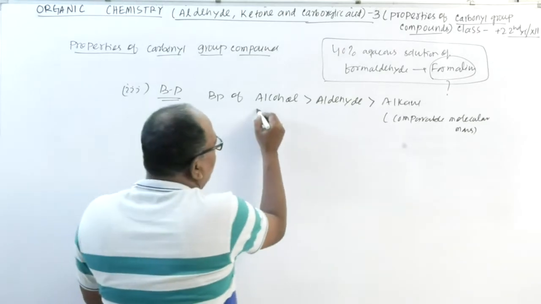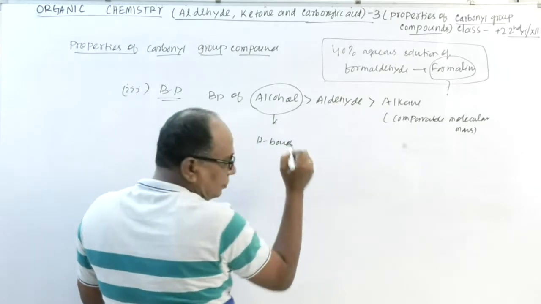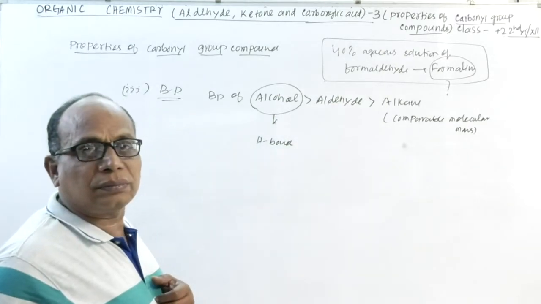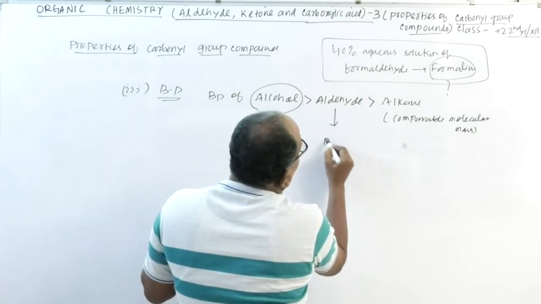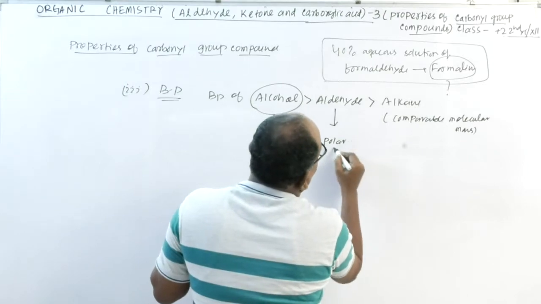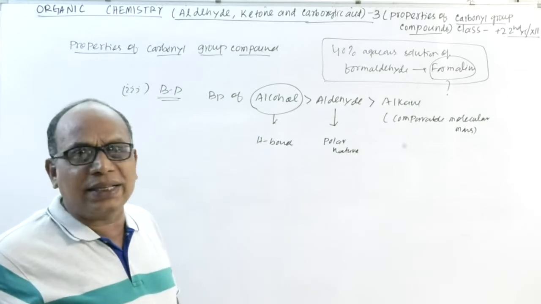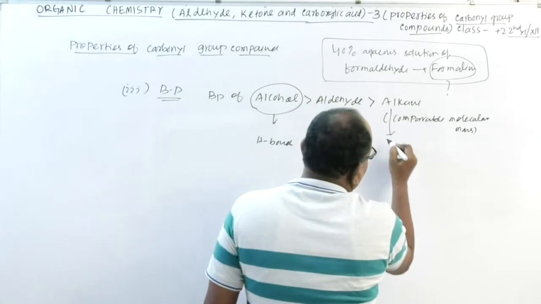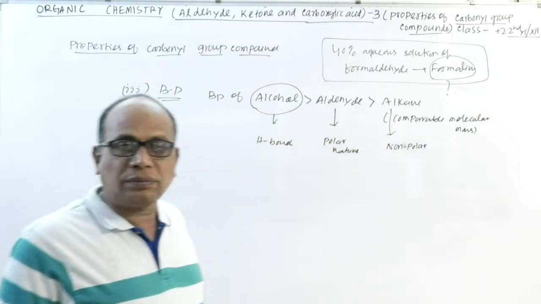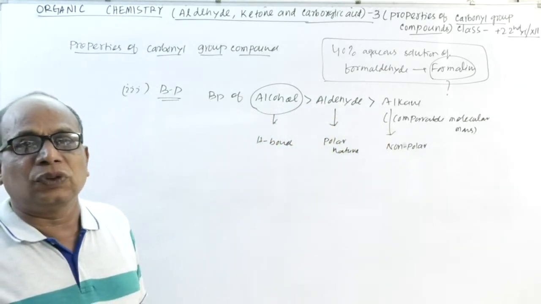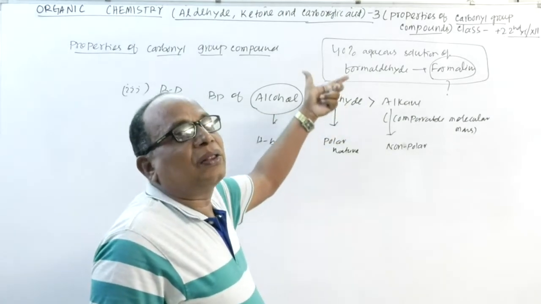Because the alcohol is associated with hydrogen bonding, and aldehyde is associated with polar nature. But which polar nature? The carbonyl group is polar in nature, and the alkane is totally non-polar. So alcohol has a higher boiling point than the aldehyde and the ketone.